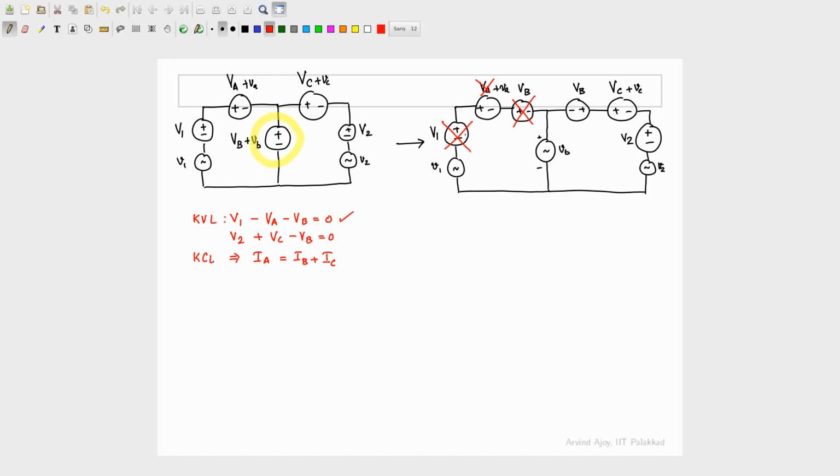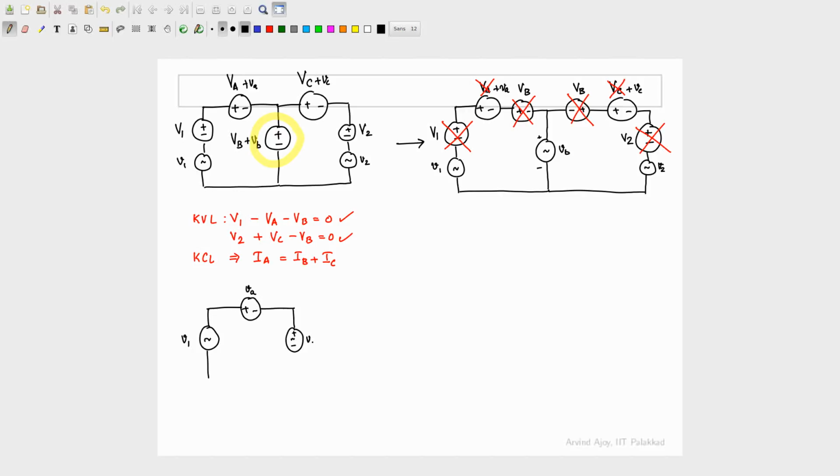So what does this mean? If I go in this loop, this V1 minus capital VA and this capital VB, all of them will effectively add to 0. So I can remove that, I can move that, and I can move this. It will be this equation, V1, capital VA, VB. Similarly, if you take the second equation, VB, VC, and V2, that is this equation.